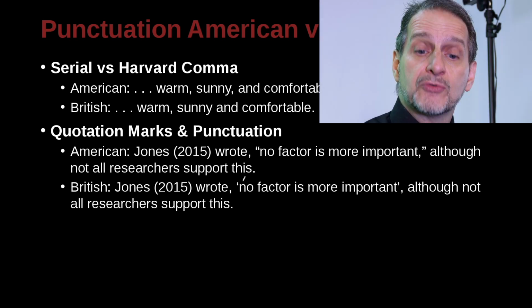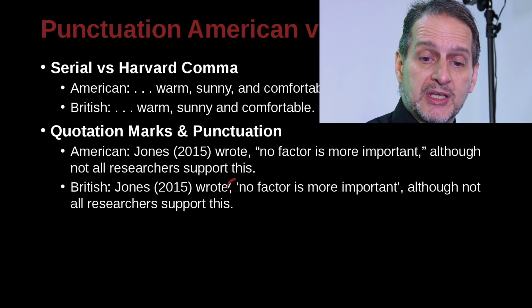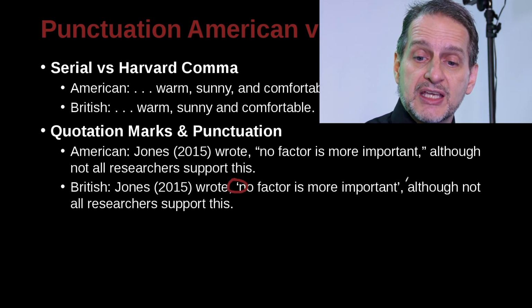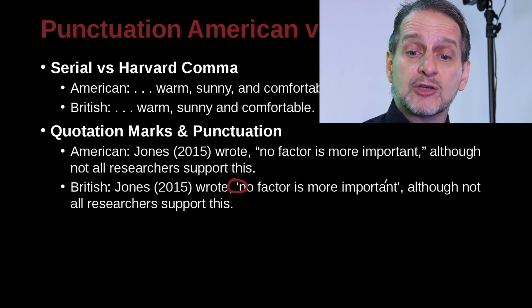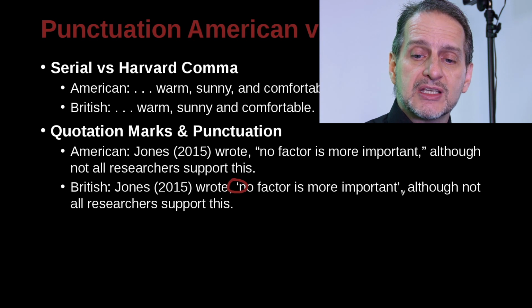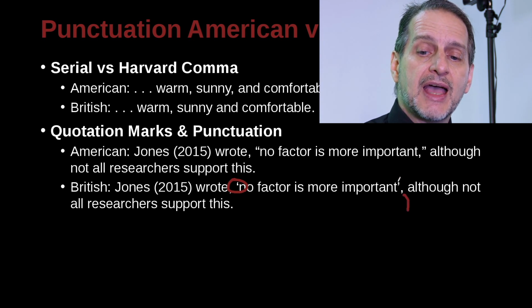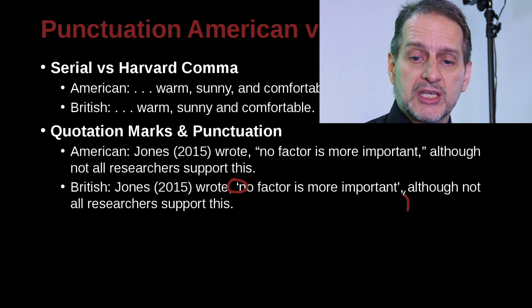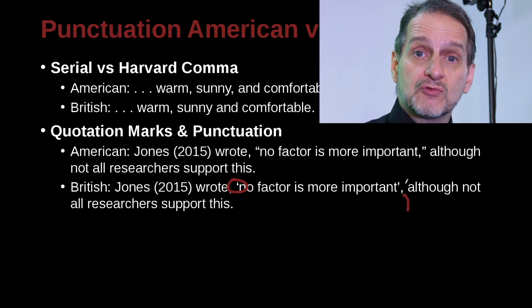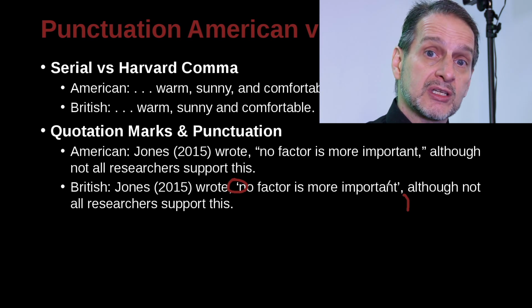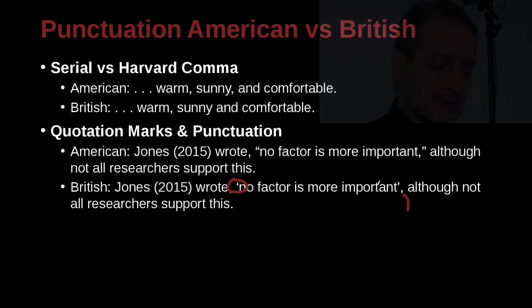You can see, for example, the first point being this quotation mark. This is not using double quotations, but using single quotations. And you can see that the comma here is on the outside of the single quotation mark. No space before, one space after. So that is really the difference between the American and British approaches.